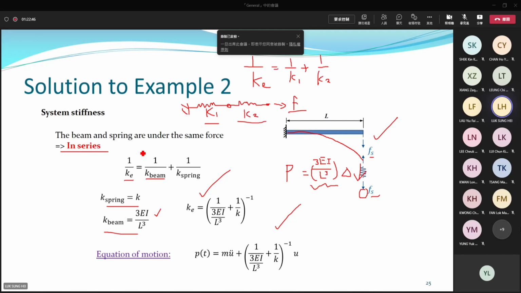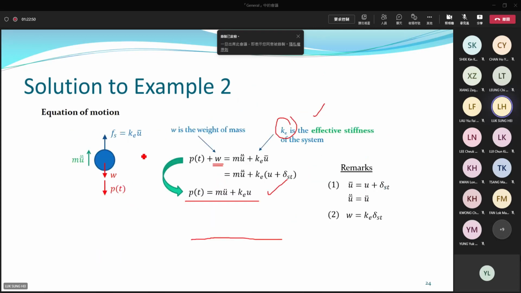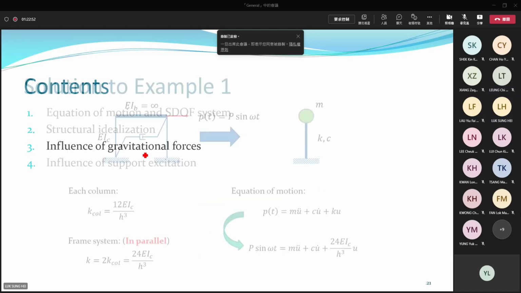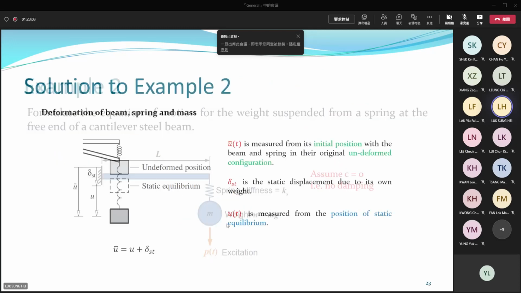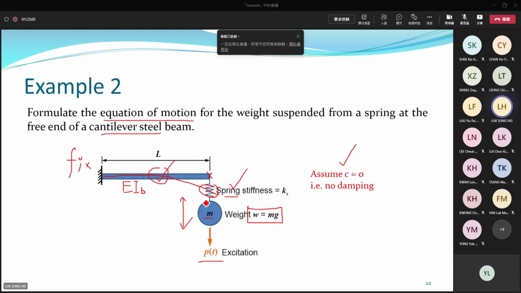So in these notes, I showed you these two scenarios. For a system under horizontal movement, just like example 1, you may use a parallel system and add up the column stiffness together. For a system under vertical vibration attached to a spring, something like that, it belongs to series.